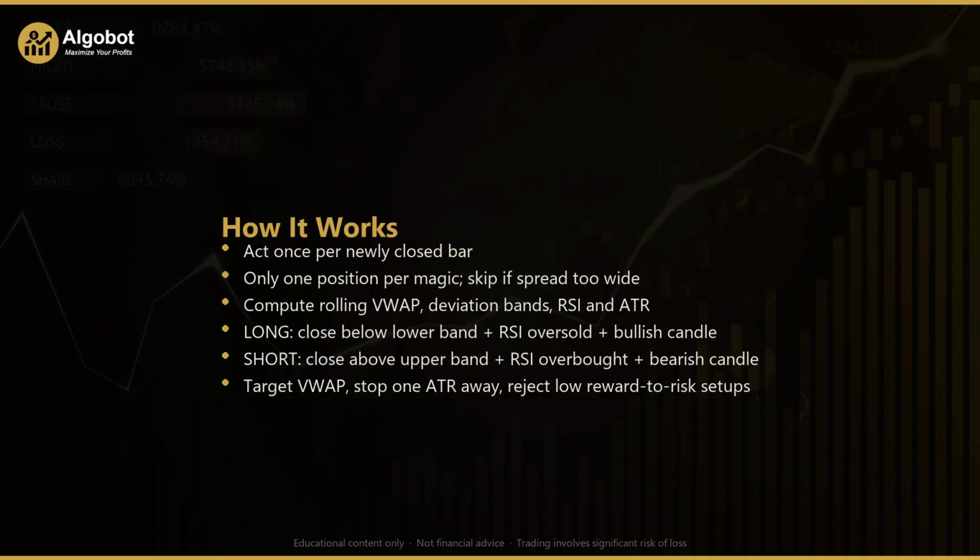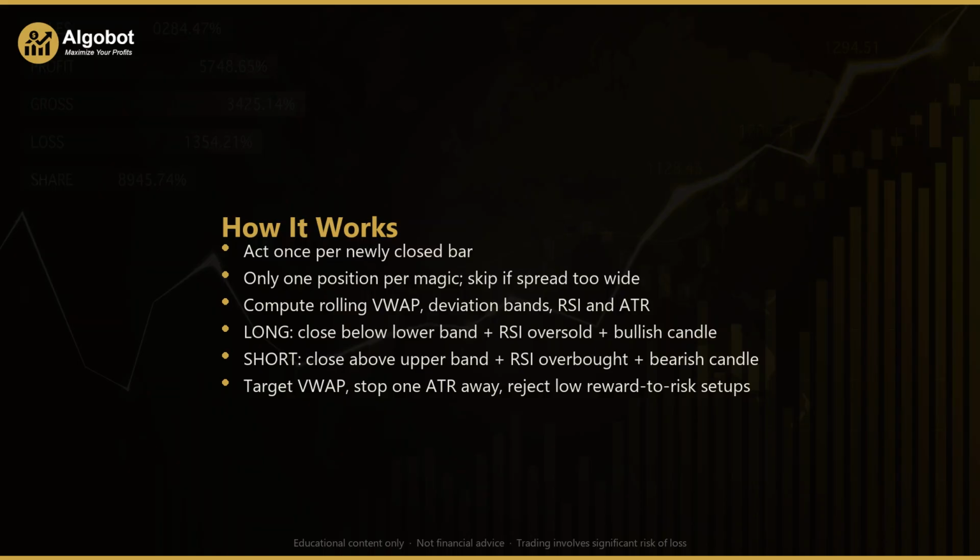Now the core logic. On each closed bar, the EA calculates the rolling VWAP, the volume-weighted standard deviation, and from those the upper and lower deviation bands. It also reads the RSI value and the ATR value for that bar. For a long or buy setup, 3 things must align. The bar must close below the lower band, meaning price has overstretched to the downside.